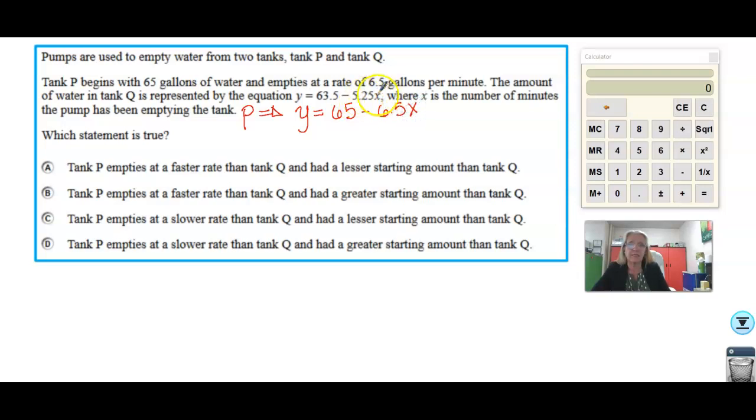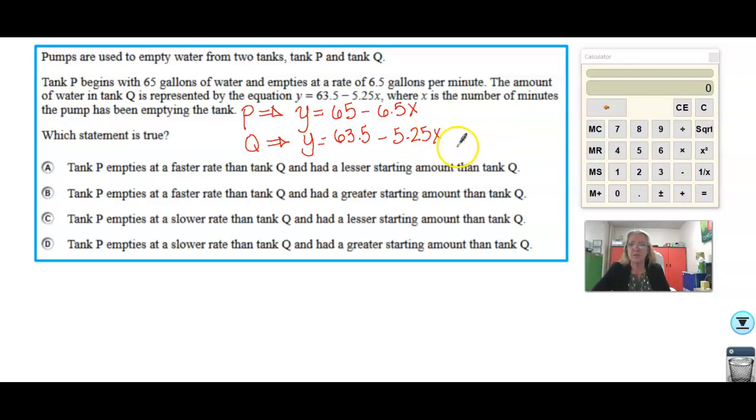So this is the rate it's emptying. Notice it's minus because it's getting less. All right, tank Q, for comparison purposes, is y equals, it started at 63.5 and it's losing water at 5.25 gallons per minute. And x is the number of minutes.